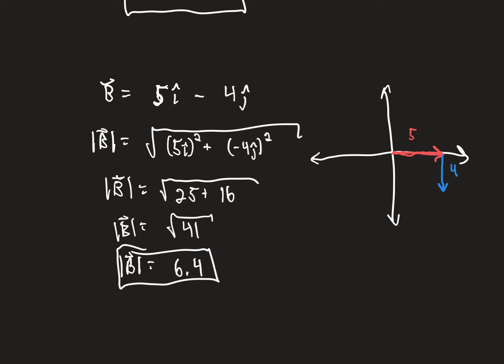And then the resultant vector is my green vector. How long is that green vector? 6.4, we just found that. How do I denote the direction of this vector?